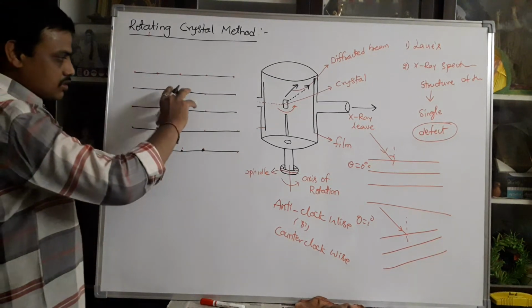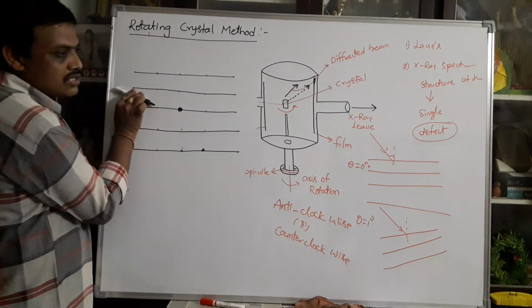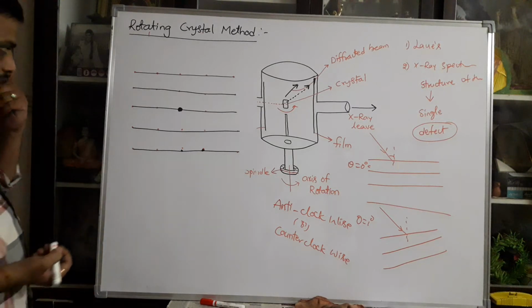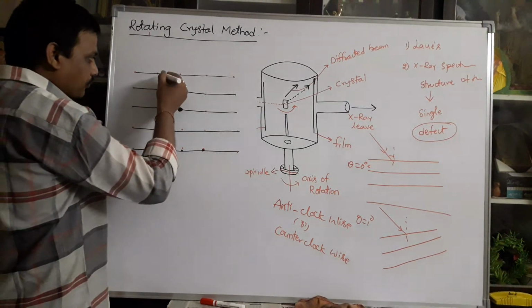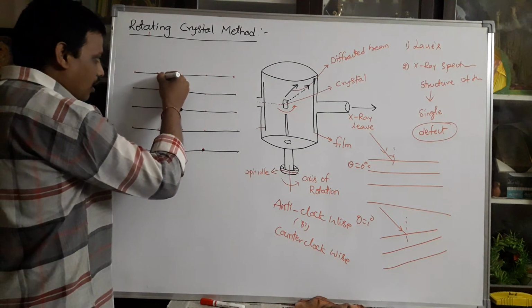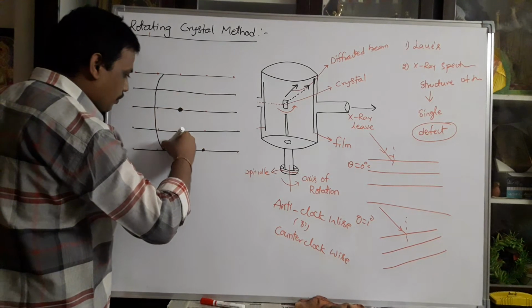Suppose this crystal is rotated, and the X-rays are incident like this. At this point, diffraction occurs. In that way, plane by plane, you can observe all conditions drawn as curved points.